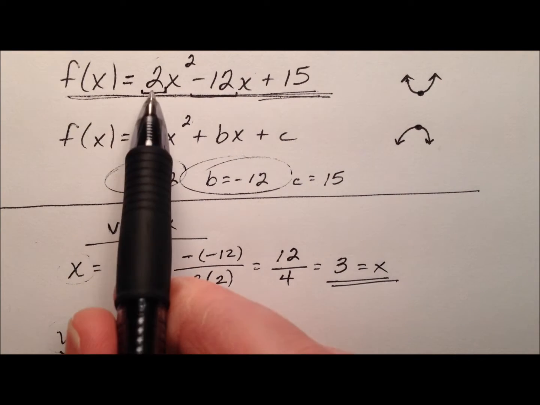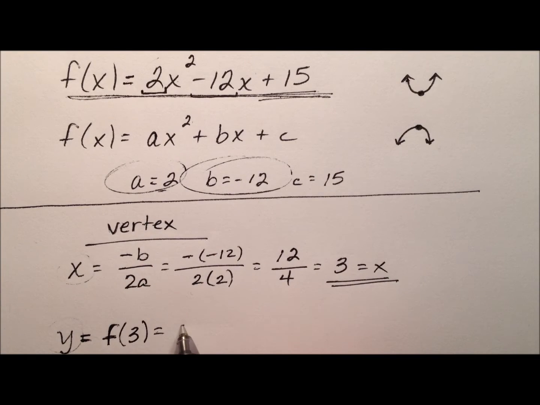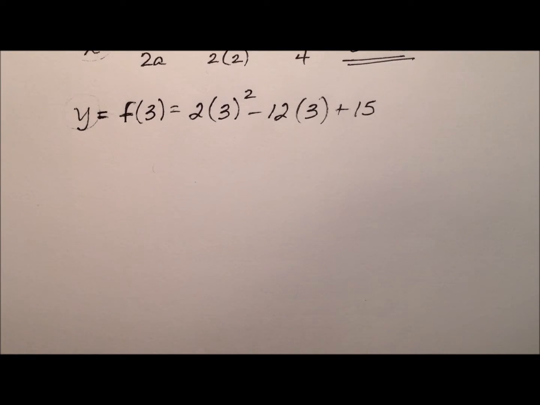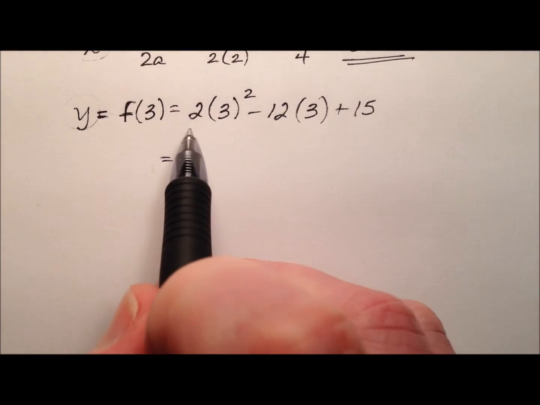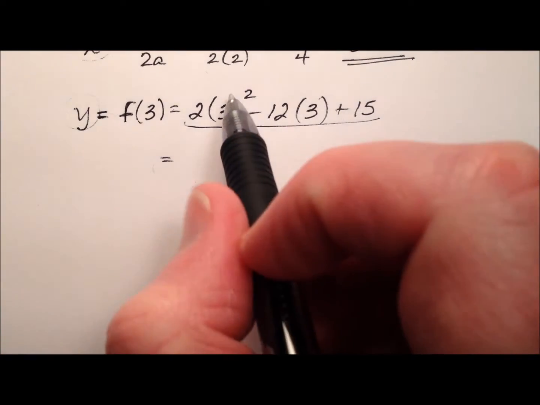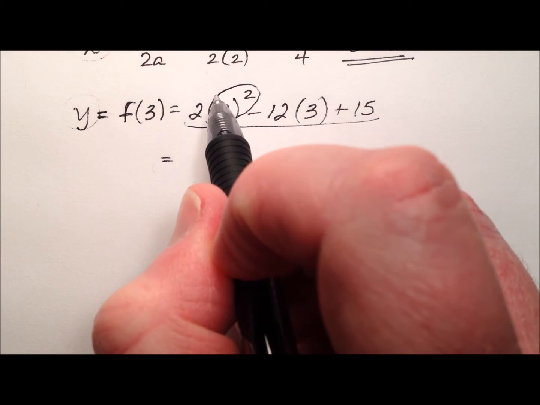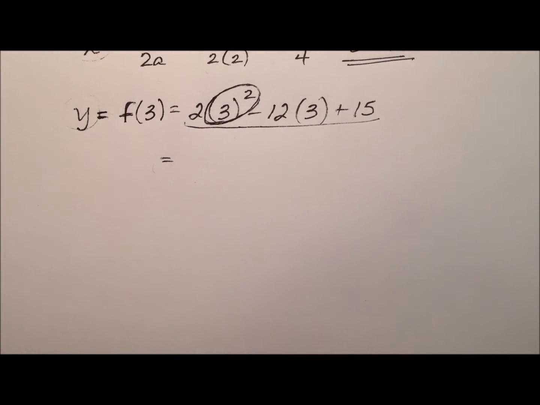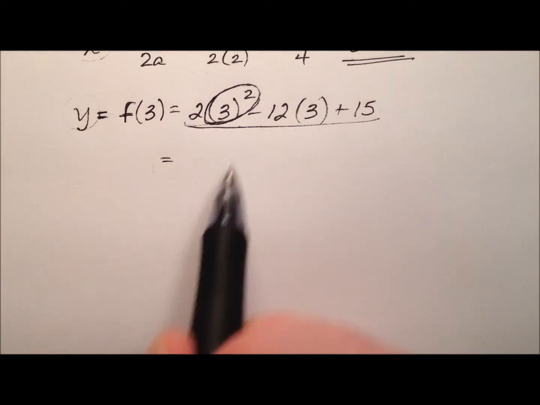So let's go ahead and do that. So we have 2x squared. So 2 times my x value, which is 3, and I'm going to square that, minus 12 times this x value, which is 3, and then plus 15. Okay, let's go ahead and shuffle this up so we have some room to work. So order of operations here looks like we have a nice numeric expression. And so let's do our exponents first, because exponents are higher on the order of operations food chain than, say, multiplication.